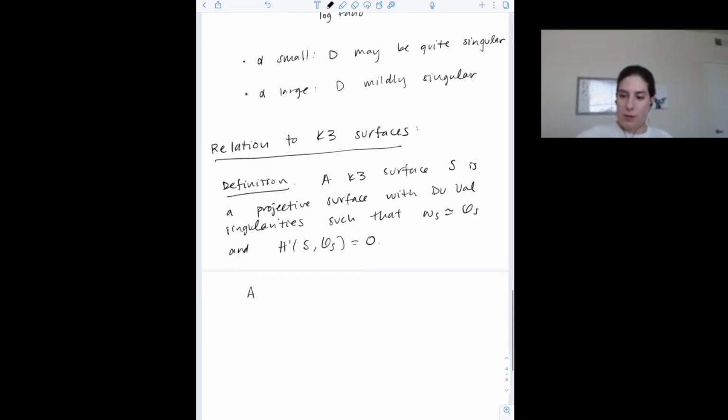And in this, I guess we'll also be talking about the structure of polarized K3s to get the idea of a degree.